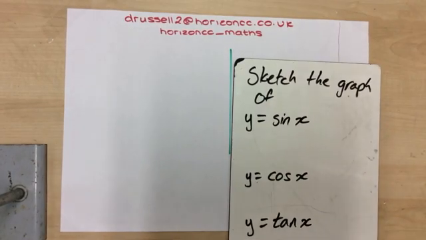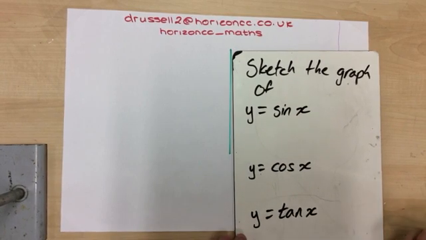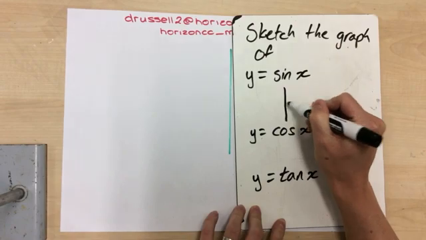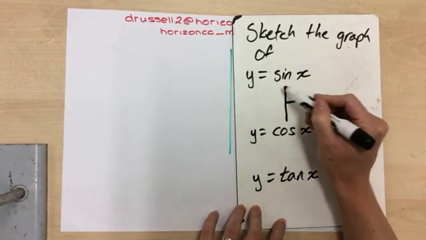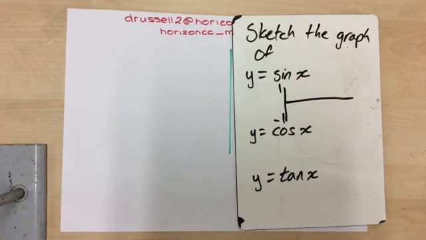You do need to know the basics of how to sketch the sine, cos, and the tan graph. The sine is the basic one. We need some axes. Trig graphs are a little bit different to normal graphs in the fact that the axes go like this, where we've got a 1 and a minus 1. I've drawn my axes, and I'm going to switch colour.